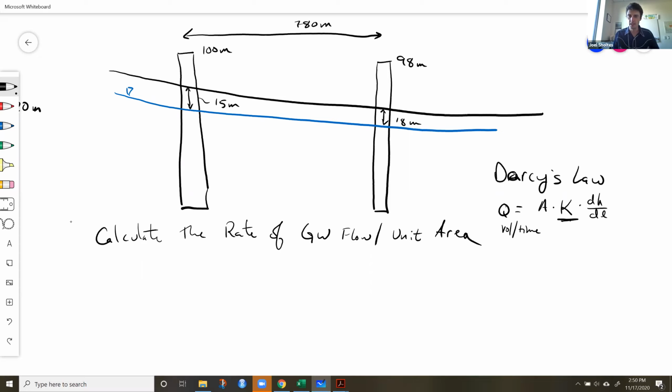We want to calculate Q, and we've got enough information here to calculate the gradient. What we're doing is dividing by area, and we're getting lowercase q, which is discharge per unit area, which has units of length per time. If we divide volume by area, we just end up with length. And so little q is going to give us length per time. That's the groundwater flow per unit area.